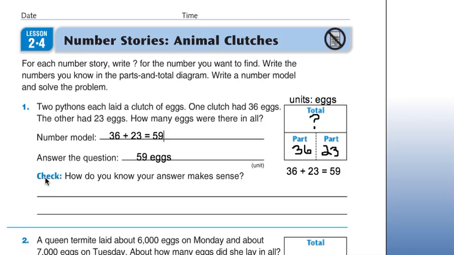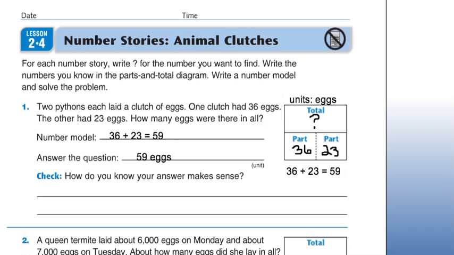Now, part 4 said, how do you know your answer makes sense? This is your opportunity to use some math talk and really show me what you know. Good mathematicians are always working on talking about math, and it might feel a little awkward to you, but I'd like to know how you know that your answer makes sense.